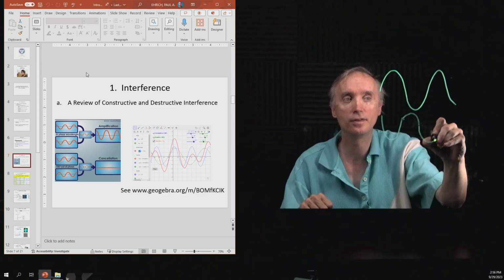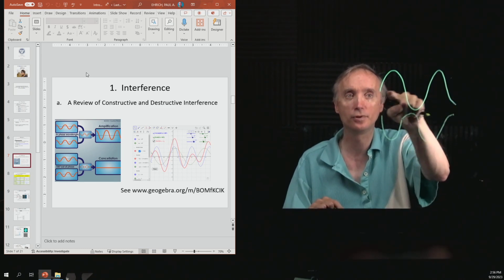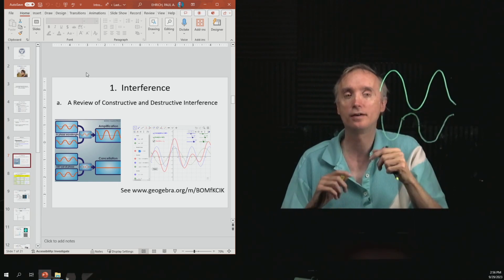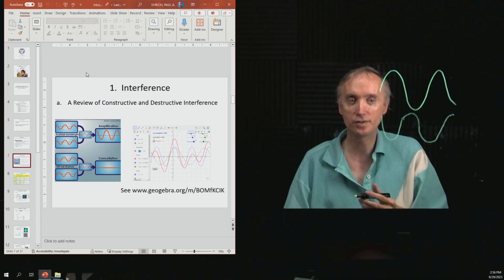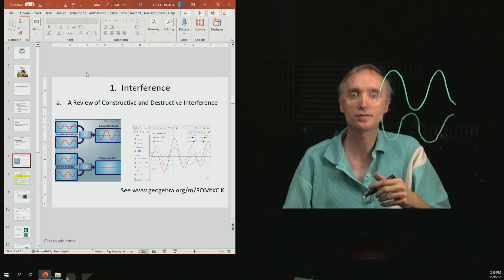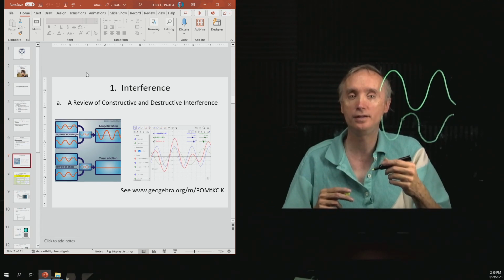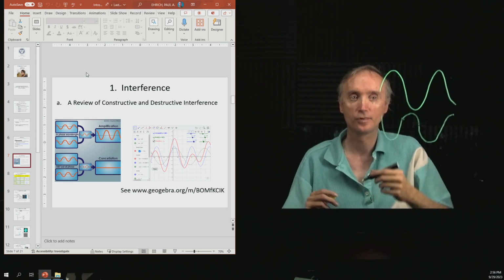So they have to have identical amplitudes, and they have to have identical frequencies and wavelengths. But they're out of phase. Another way of saying this is that they are 180 degrees out of phase.